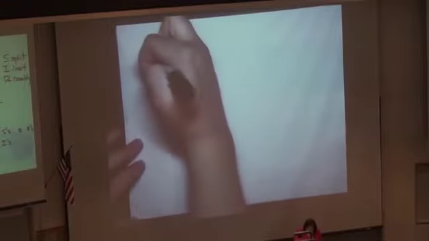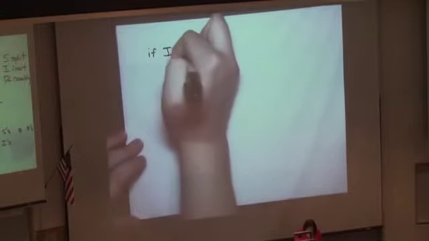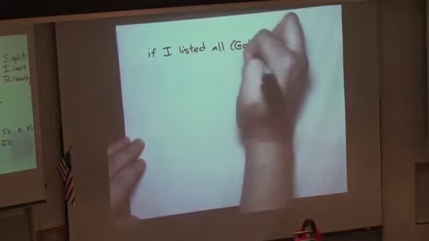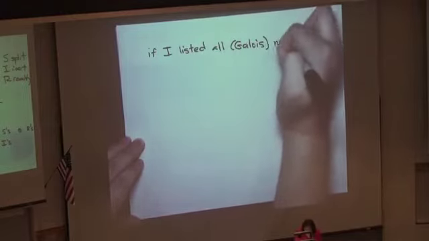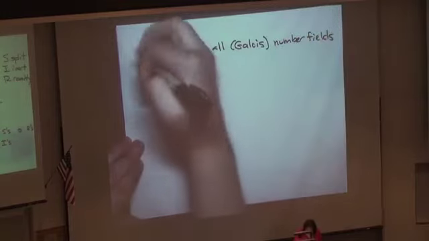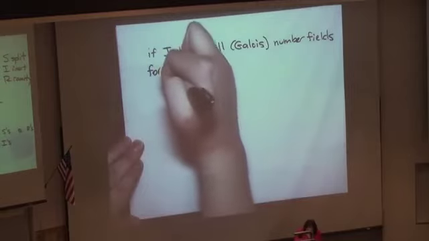So, if I listed all, and for simplicity maybe I'll list all Galois number fields for my rows.